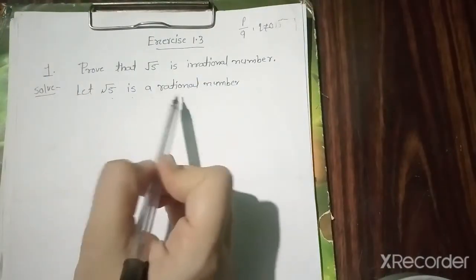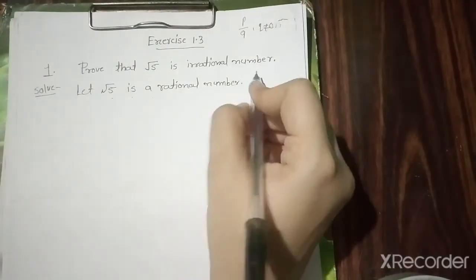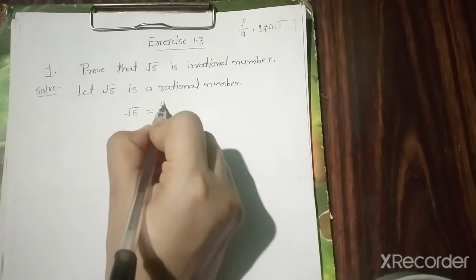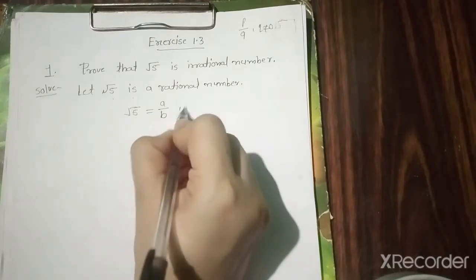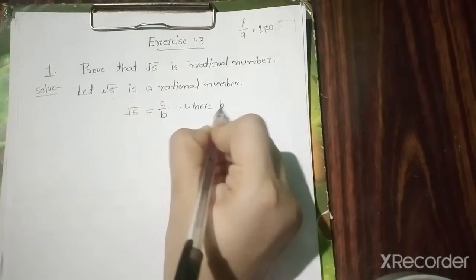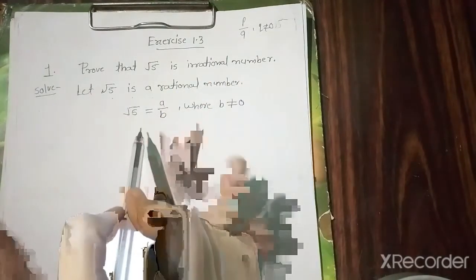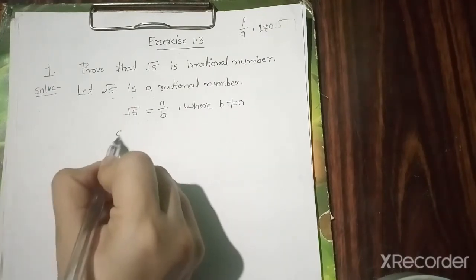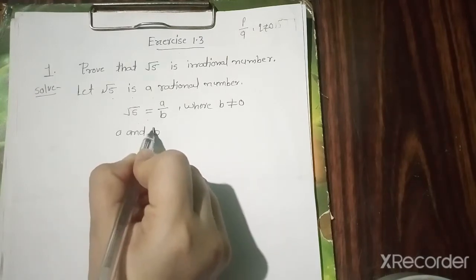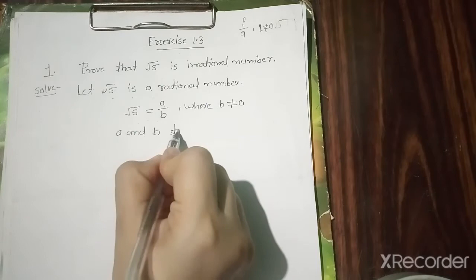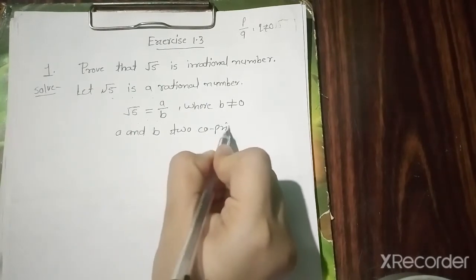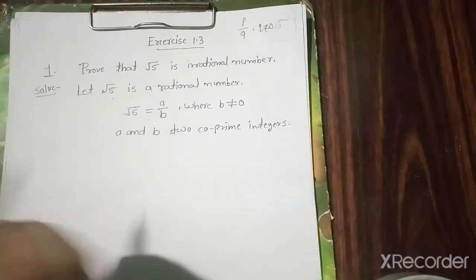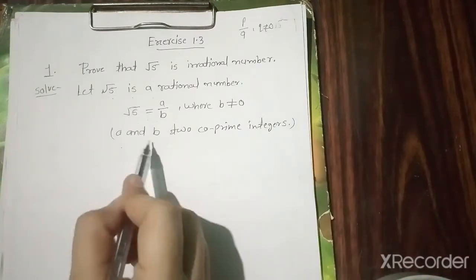Suppose root 5 equals a upon b, where b is not equal to 0, and a and b are two co-prime integers.